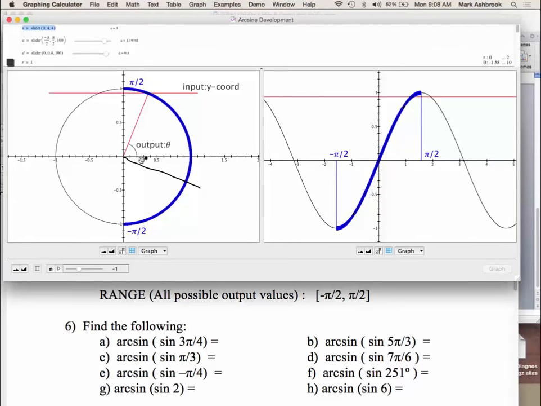Okay, that's 6 radians, because a radian is openness, and 6 radians means it cuts off 6 radius lengths of arc, right? The rays cut off 6 radius lengths of arc. So now sine of 6 gives us a what? Estimate sine of 6. Just estimate it.